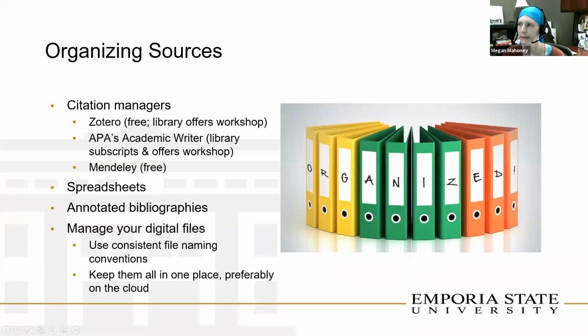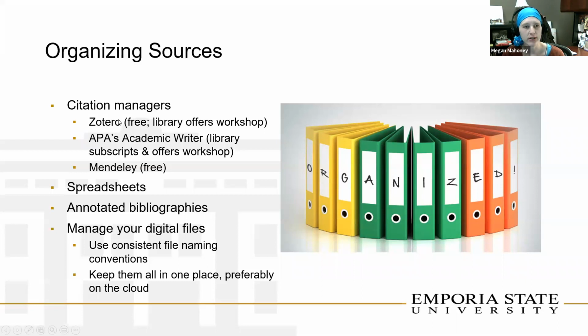It will help you immensely if you decide on a way to organize your sources before you start researching. Some people like to use citation managers, and I've mentioned Zotero and Academic Writer before. Citation managers archive your citations and sometimes the accompanying PDFs for later and allow you to make notes or tag your resources with specific descriptor terms.